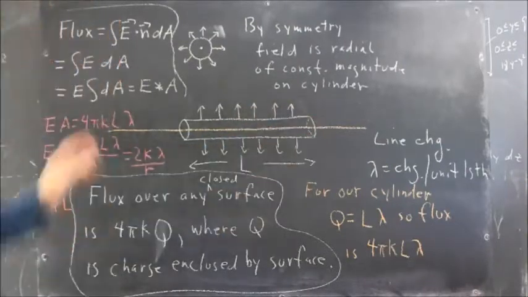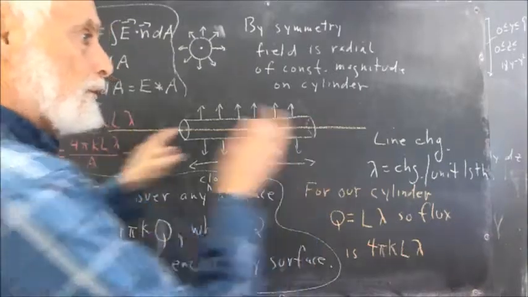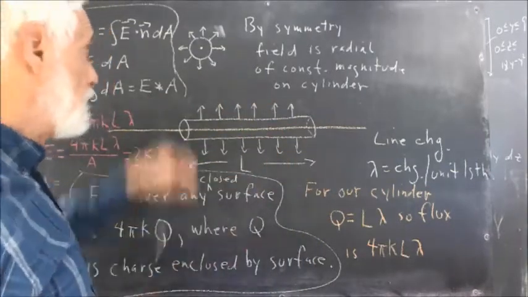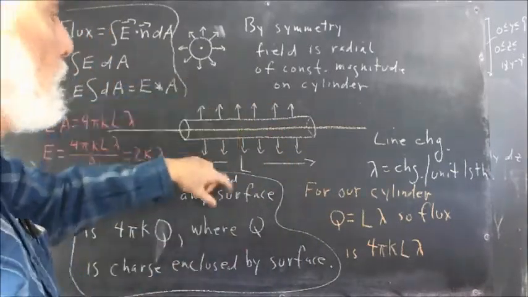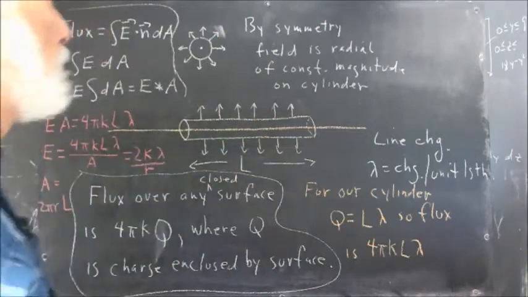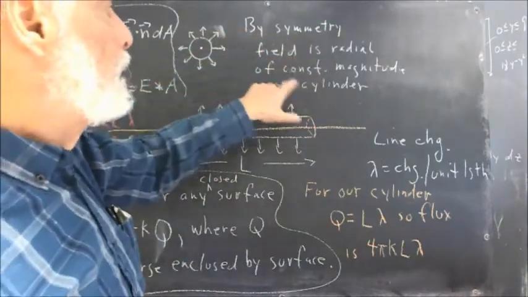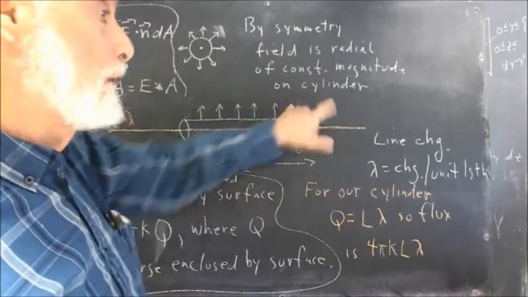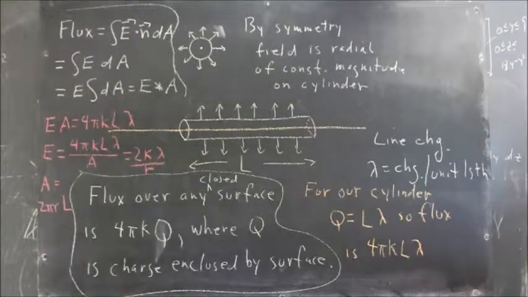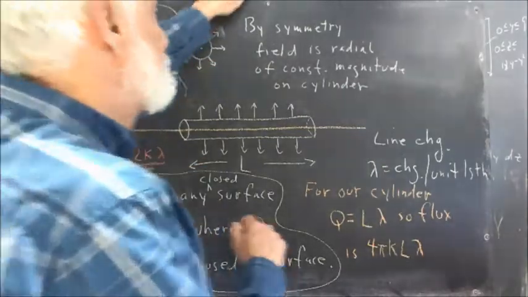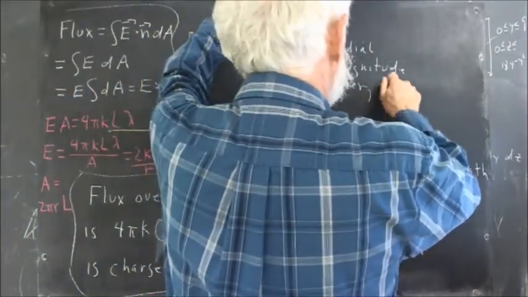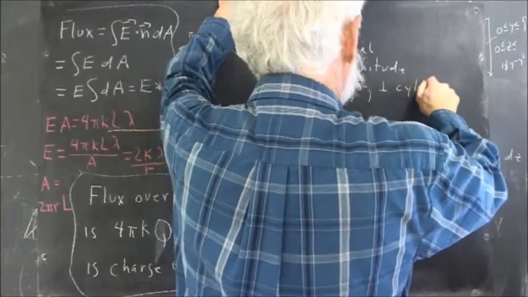The only way we can have symmetry with respect to flipping the line 180 degrees is if all the vectors are perpendicular to the line. So by symmetry, the field is radial, of constant magnitude on the cylinder. And I don't think I made the statement that the field is perpendicular to the cylinder.